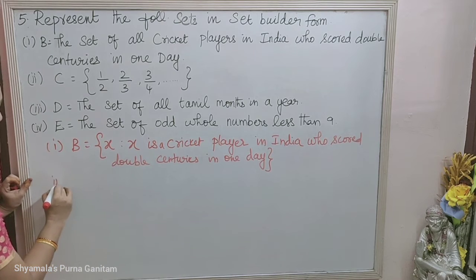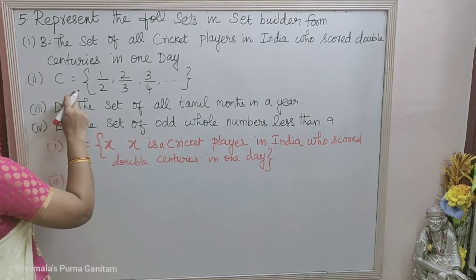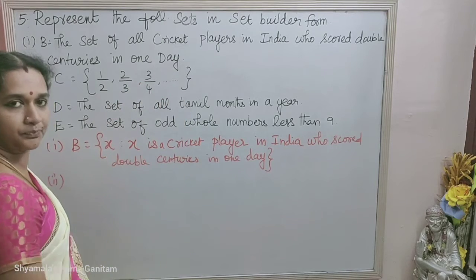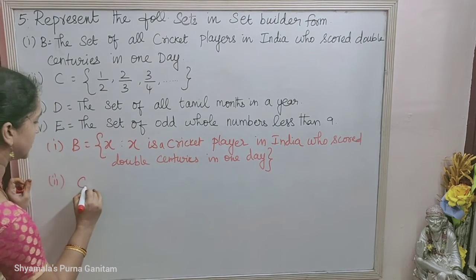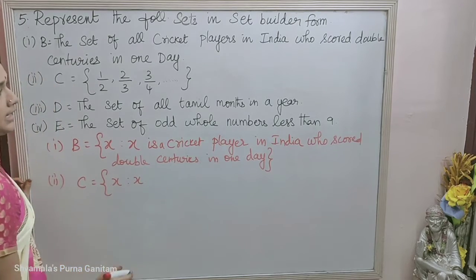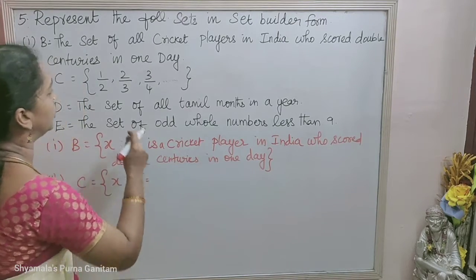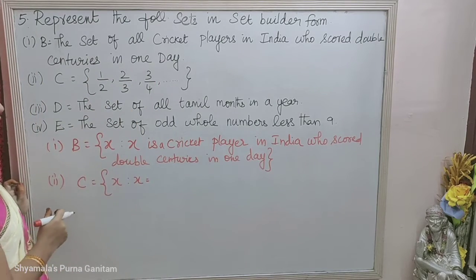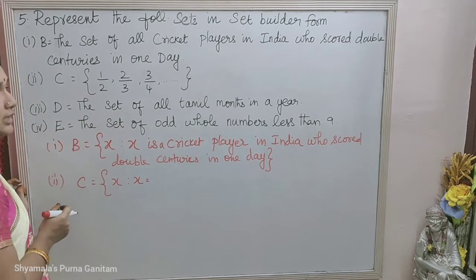That's all. Then next one is C is equal to 1 by 2, 2 by 3, 3 by 4, like that you have to write. So C is equal to X such that X is equal to, some pattern is there. We have to find the pattern of that.